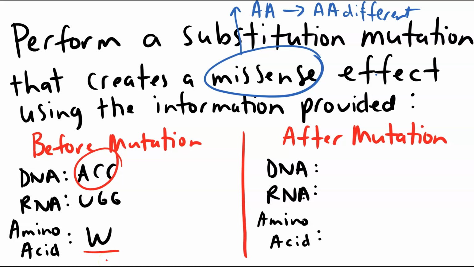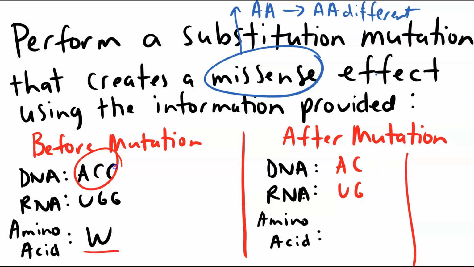So if we want to show a missense effect, you have to change one of the DNA nucleotides such that it results in a different amino acid once gene expression is performed. Okay, so there are two ways that you can do this pretty easily. If you keep the first two DNA letters intact, which will give you UG, you can change the last one two different ways. So here's one solution.